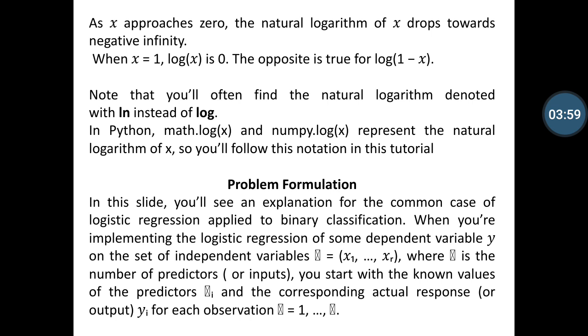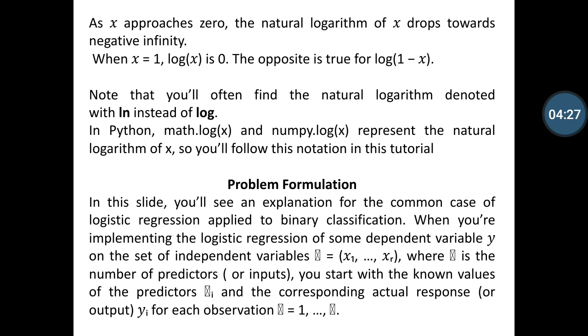Note that you often find the natural logarithm denoted with ln instead of log. In Python, math.log(x) and numpy.log(x) represent the natural logarithm of x.